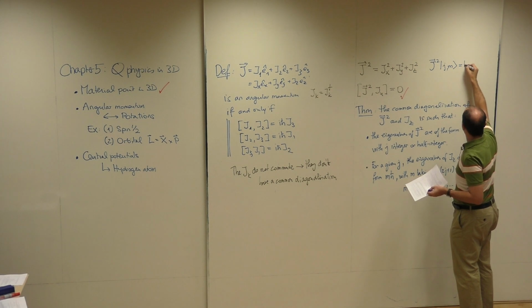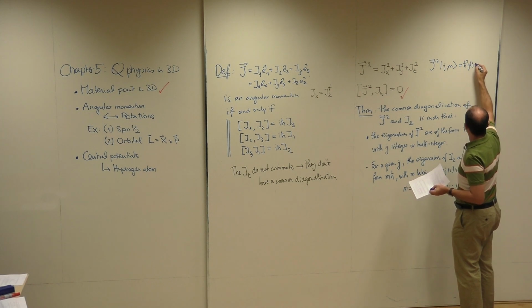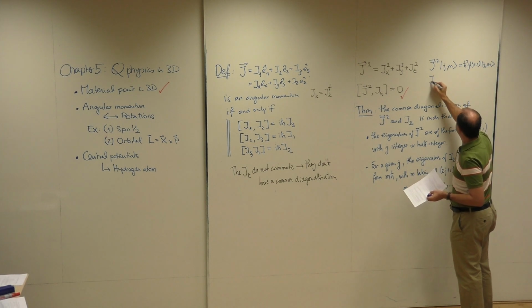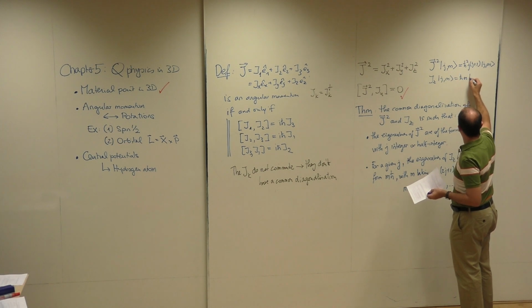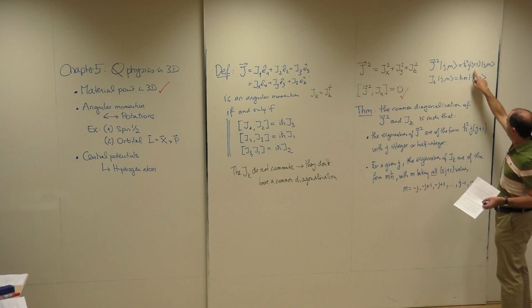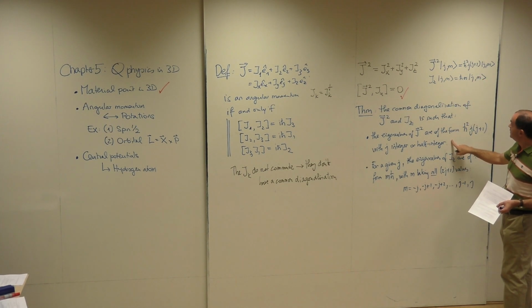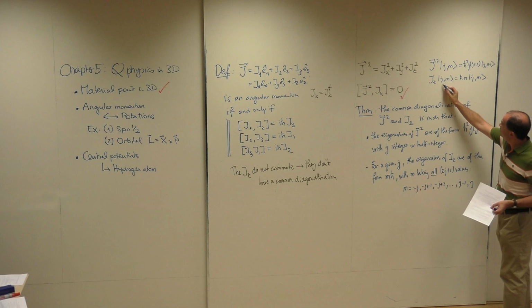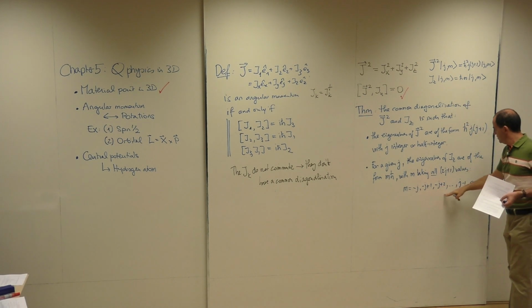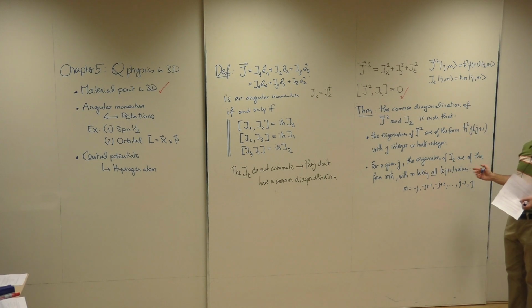J square |jm> is equal to ħ square j(j plus 1) |jm>, and then Jz |jm> is equal to ħ m |jm>, with, again, j can only be integer or half integer, and if a given j is present, all the m are present. Of course, they define orthogonal eigenvectors.